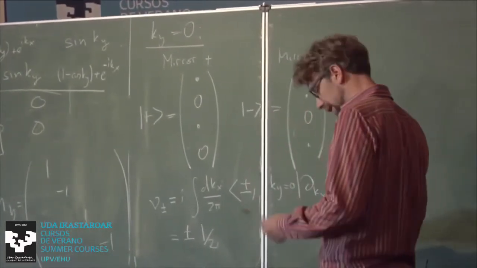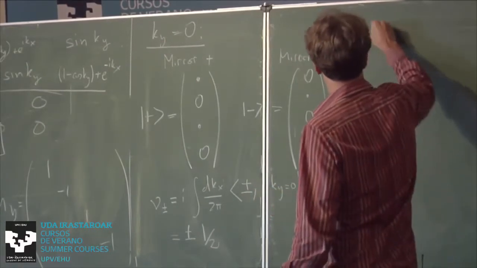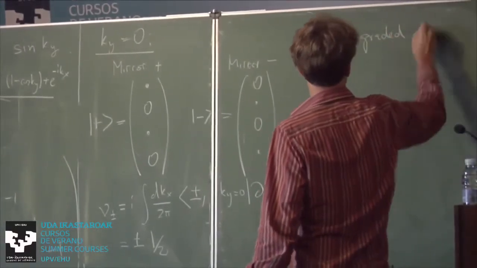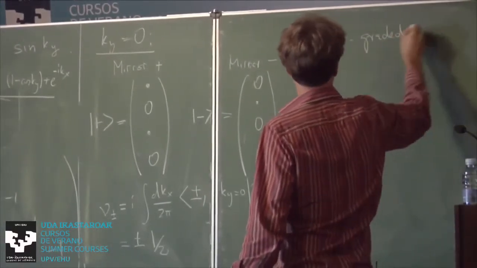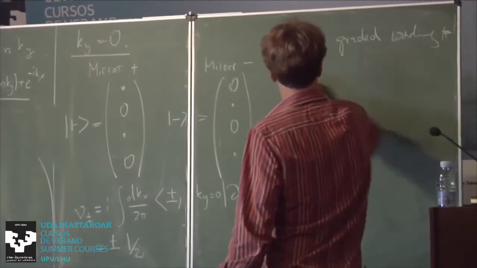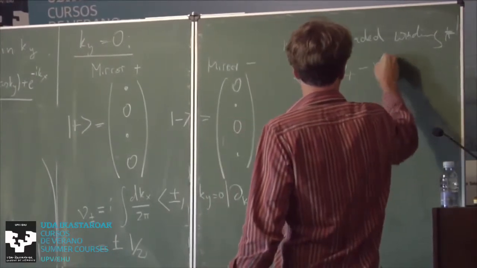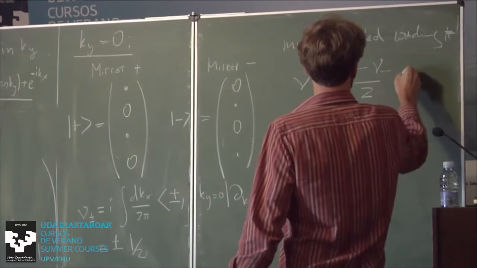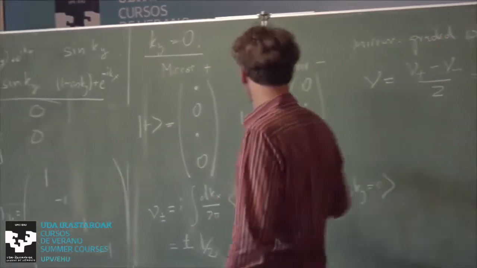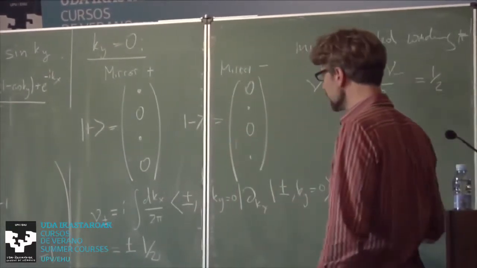And so now I can write a mirror graded winding number, which I call nu, and that is nu plus minus nu minus over 2, and that is equal to 1/2 here, because it's 1/2 minus minus 1/2.